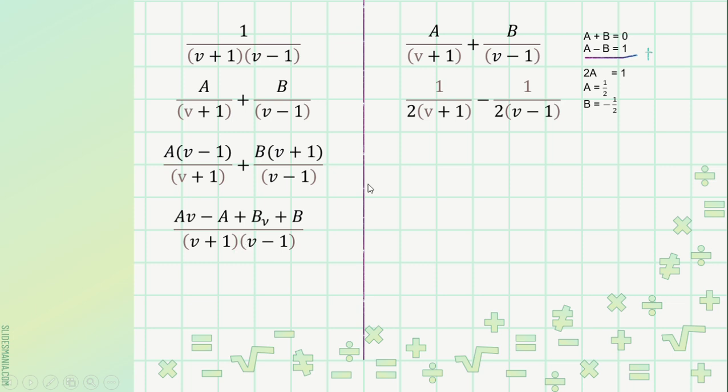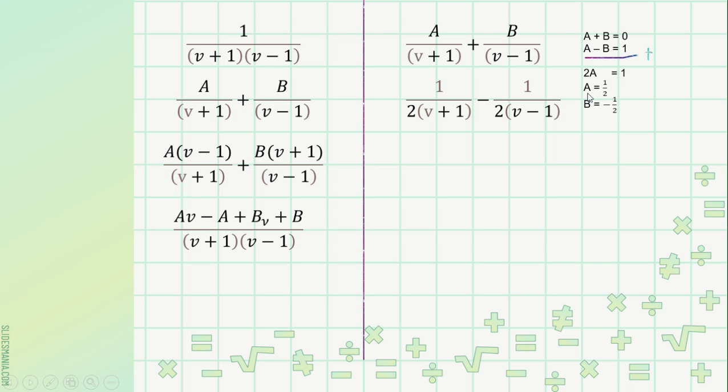In this case we know that A plus B is 0, and minus A plus B is 1. Since we want to remove B, it will be 2A equal to 1, and A is equal to 1 over 2.